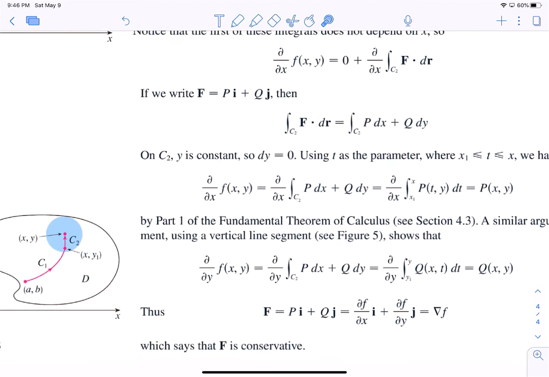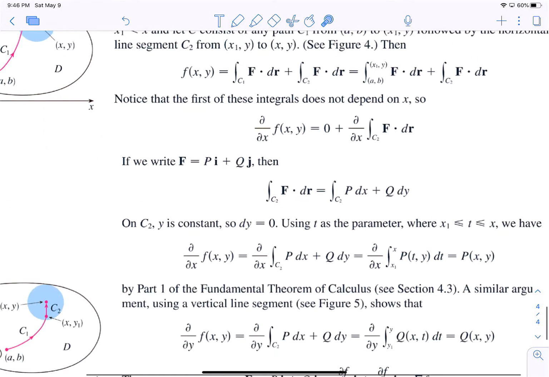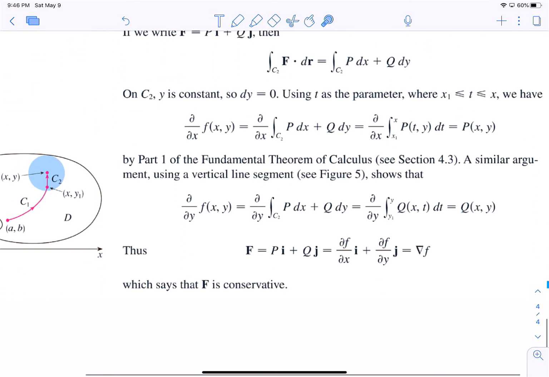The punchline there is that P is the partial of f with respect to x. We could do the same thing for C1 and C2, where C2 is vertical. We'd get a 0 for, in this case, the second integral, and then we would also conclude that Q would be the partial of f with respect to y.